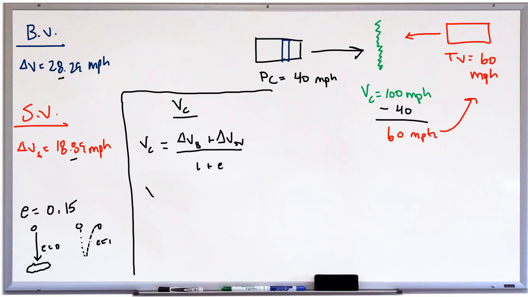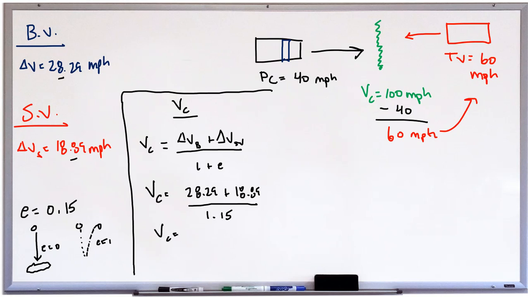So for our crash, we're going to say closing velocity is equal to 28.29 plus 18.89 divided by 1.15.